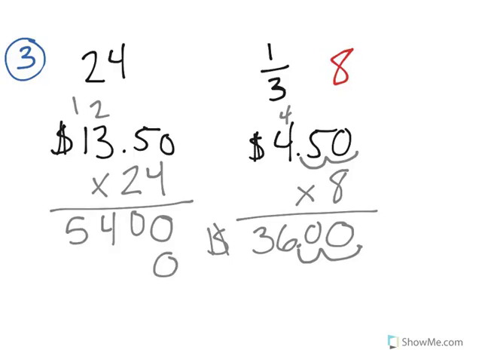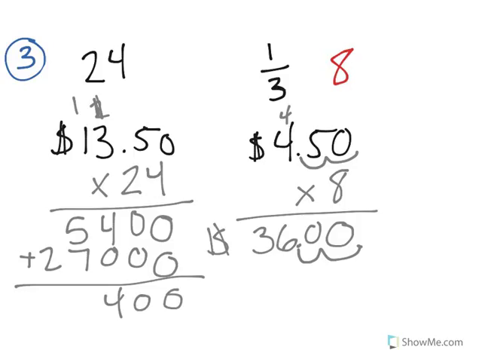Then we place our 0 there. 2 times 0 is 0, 2 times 5 is 10. 2 times 3 is 6 plus 1 is 7, and then 2 times 1 is 2. We'll add these up. And then we have 2 places again behind the decimal, so we'll move our decimal over 2 places. We spent $324 on museum tickets.